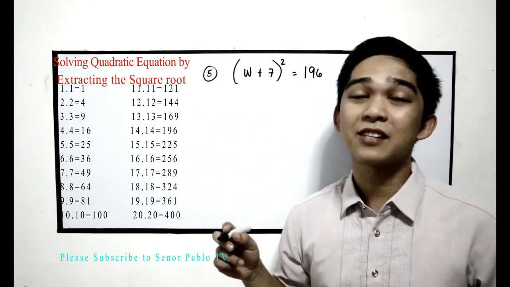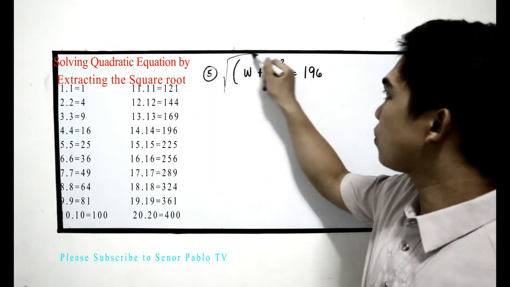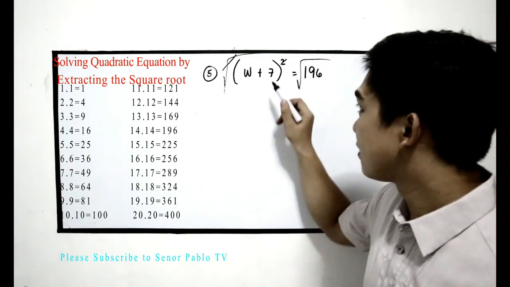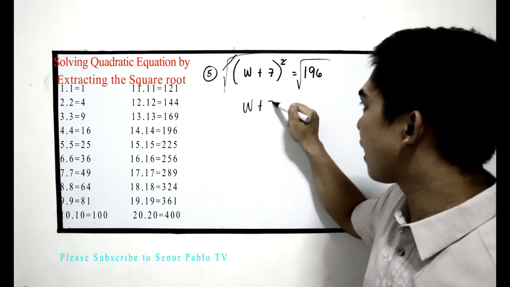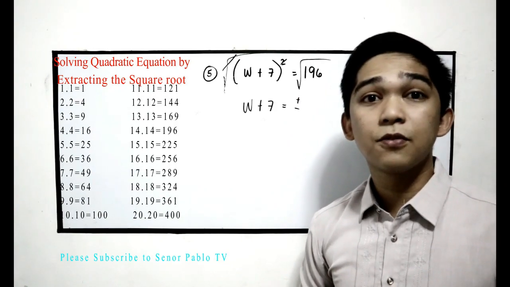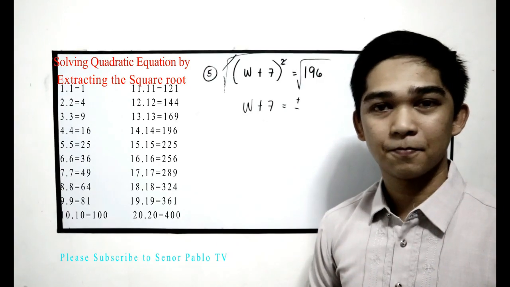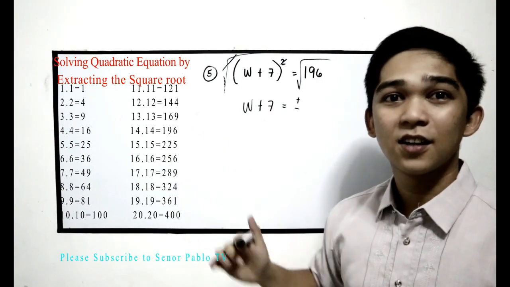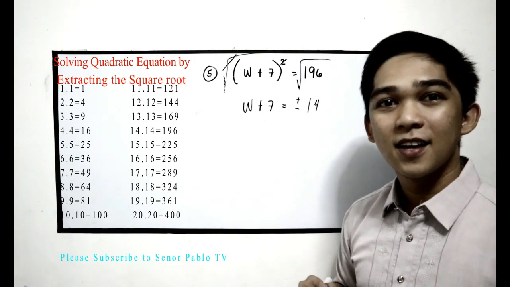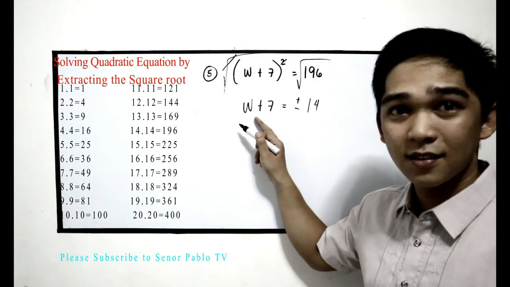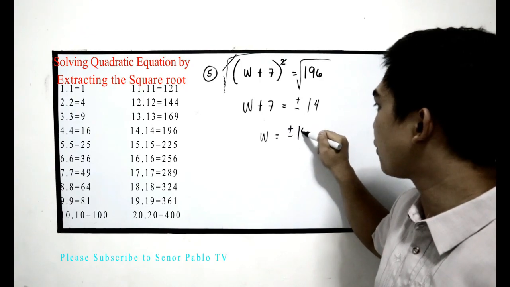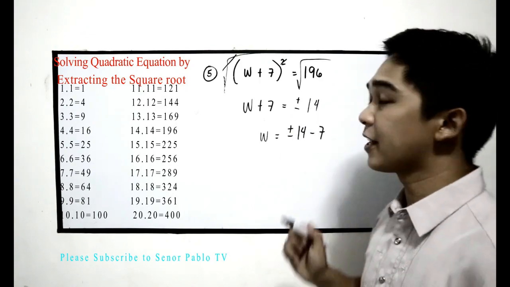So we can now extract the square root. Get the square root. The square will be cancelled out. Then the remaining w plus 7 is equal to positive negative square root of 196. That is 14. Positive negative 14. Now, transpose positive 7. So w is equal to positive negative 14 minus 7.